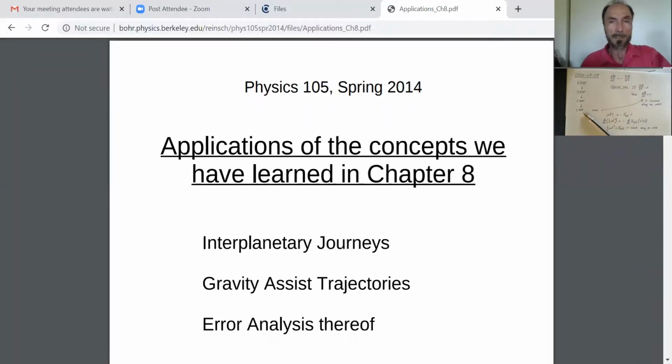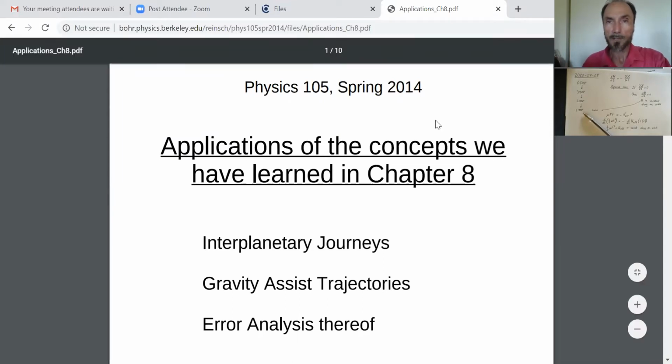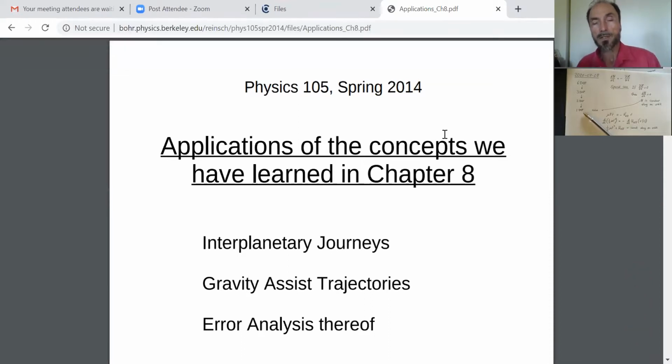Okay. So you see these are some slides from the spring of 2014, back when I taught this course. The reason I mention that is as we go through the slides, you may see a reference to how far certain spacecraft are from Earth. Well, now they're even further. They just keep on going.